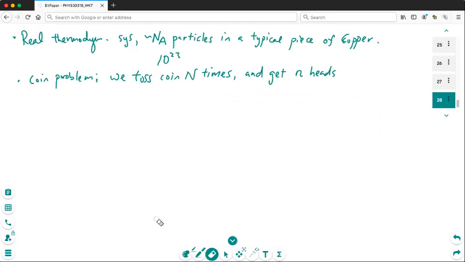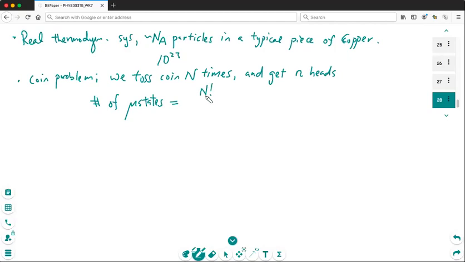Okay, so let me erase this, not to confuse you later. We'll be careful of the language. The number of microstates, I'm going to use this symbol, is: I have N coins. How many different arrangements can I have to arrange N distinguishable coins, or N symbols?